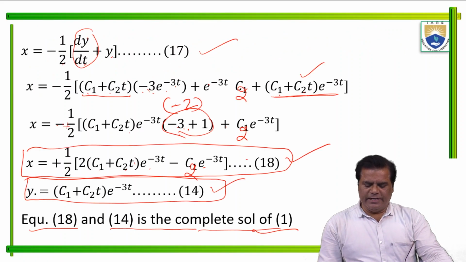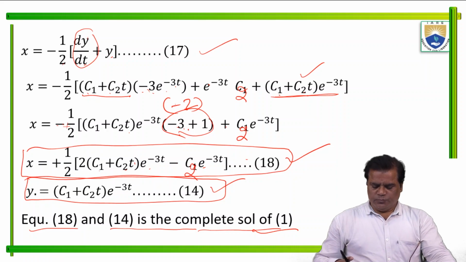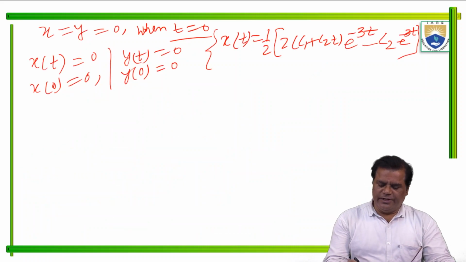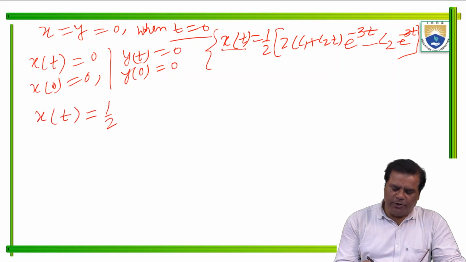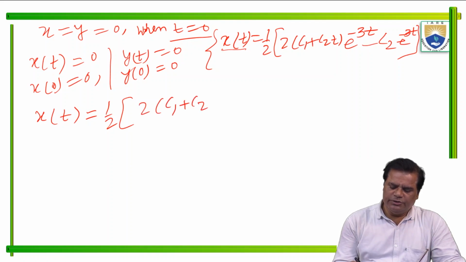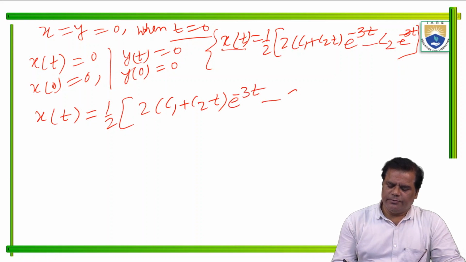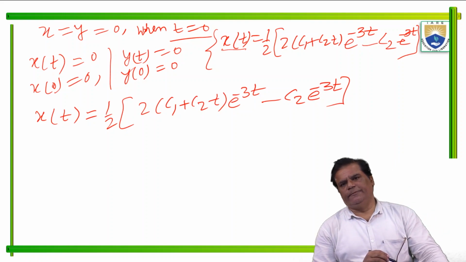This is 1 upon 2 in bracket, 2 into (c1 plus c2 t) e to the power minus 3t, minus c2 e to the power minus 3t. This is a function of t; x(t) is a function of t.